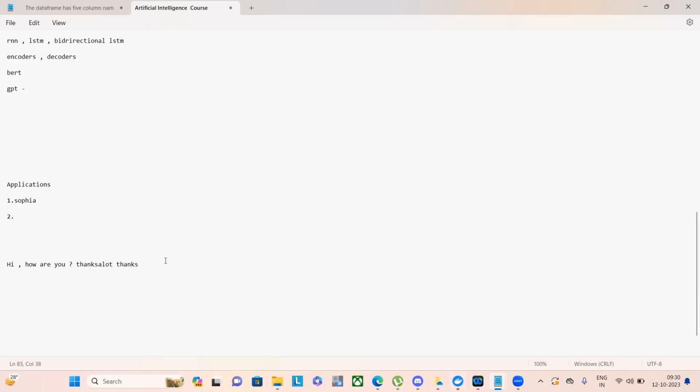Because of NLP. So next, the AI applications I am going to discuss now. In the similar way, if you see Ola and Uber, when you are booking a cab, the price automatically changes. How is it happening? Because of AI.